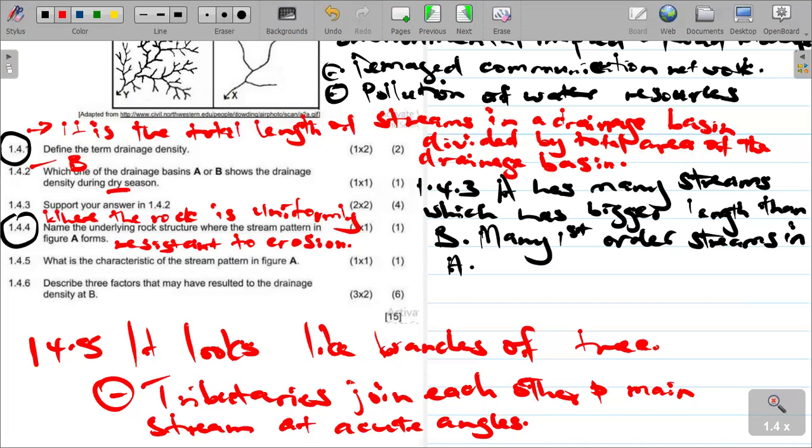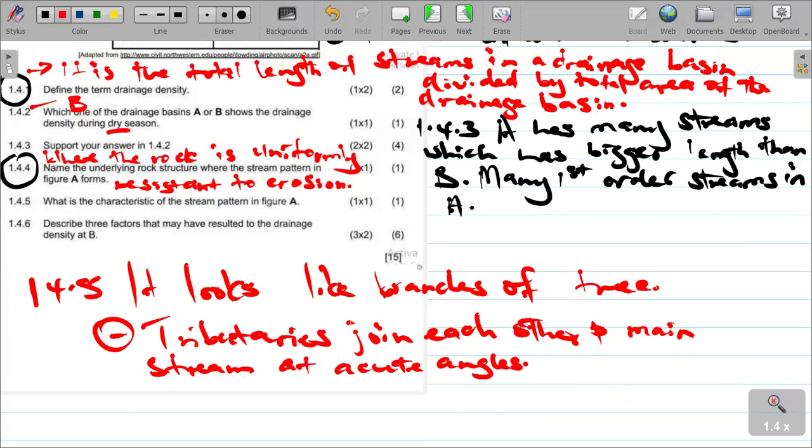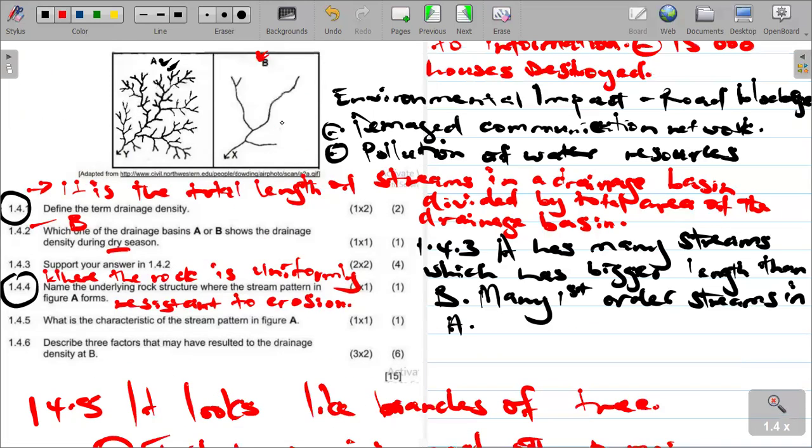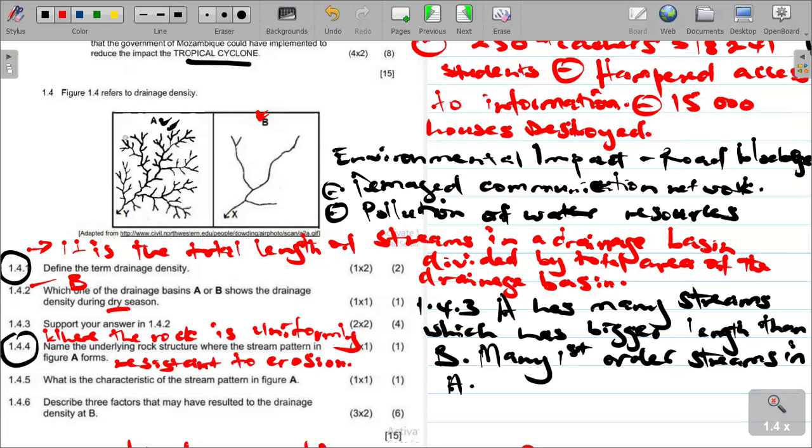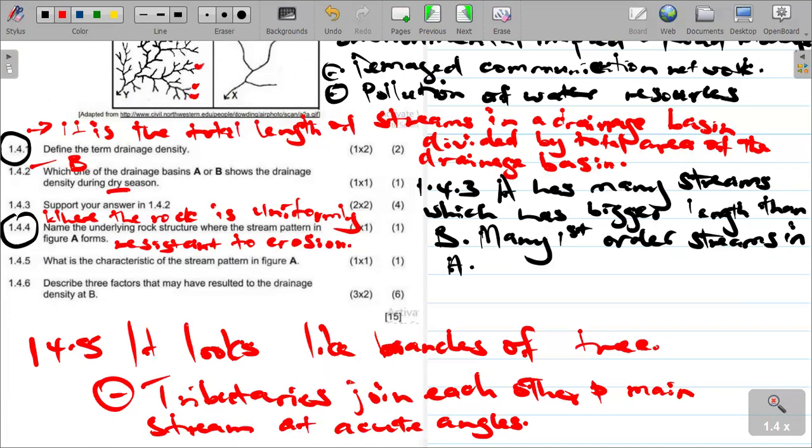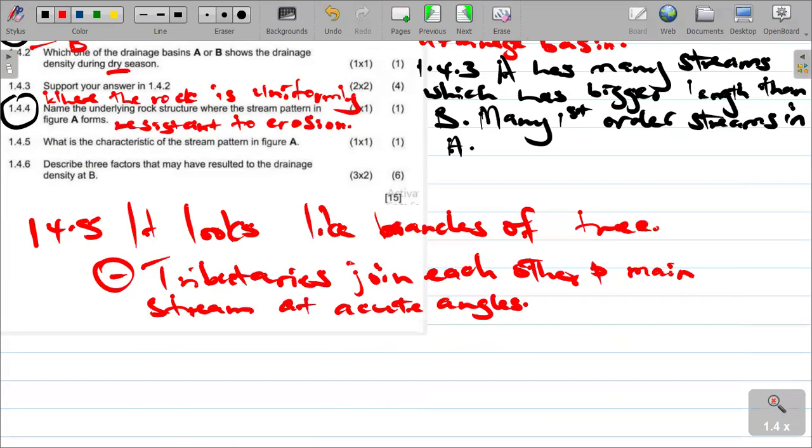We can see all this on the infographic. If you look at this graph, the small streams, the tributaries, are joining the mainstream at acute angles. It looks like a branch of a tree.